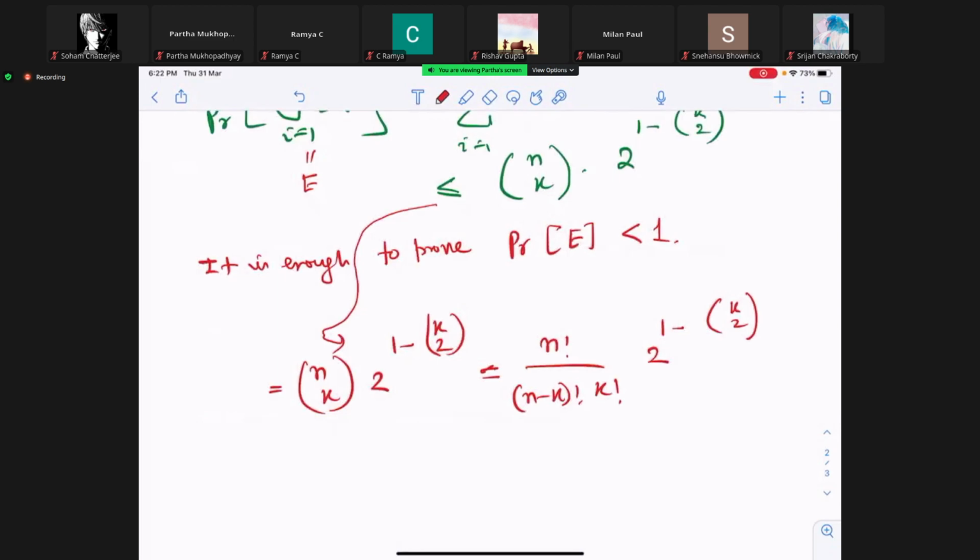If you divide n factorial by n minus k factorial, what do you get? n, n minus 1, n minus 2, there are k terms, right? But all the terms are bounded by n, so this is bounded by n power k. In fact, it's a strict bound. It's less than n power k by k factorial, 2 power 1 minus k choose 2.